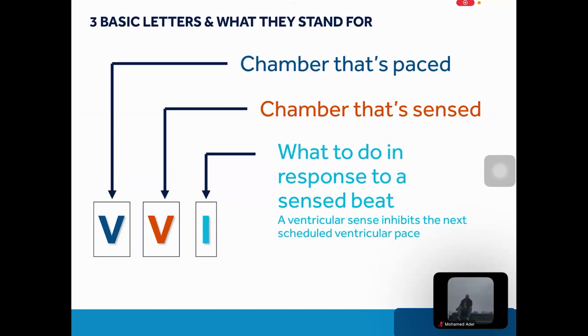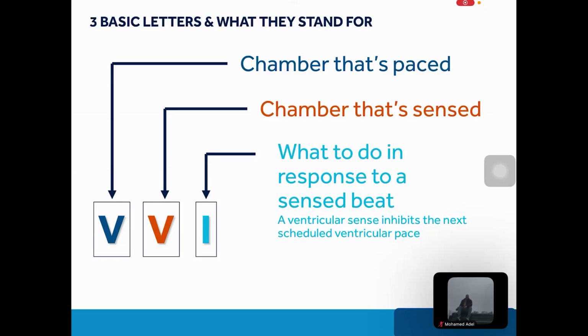The three basic letters, what they stand for, I told you before. The first letter is the chamber that is paced, the second letter is the chamber that is sensed, and the third letter is what to do in response to a sensed beat, either inhibition or triggering, or dual.